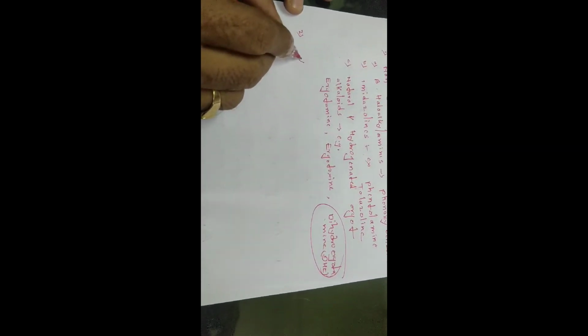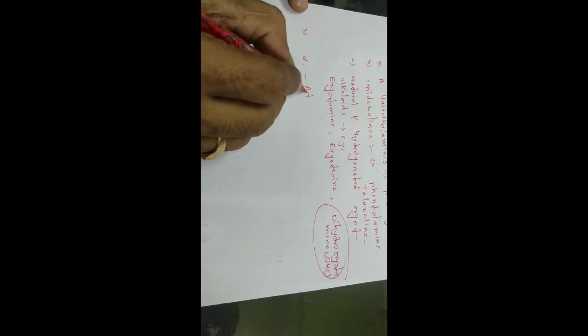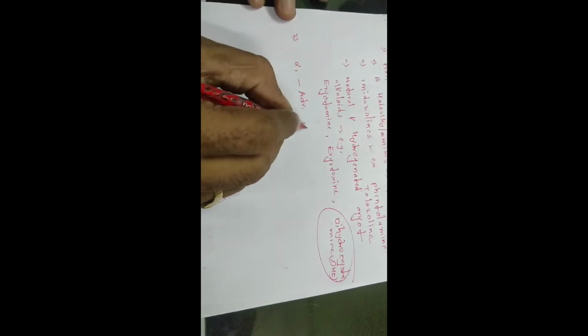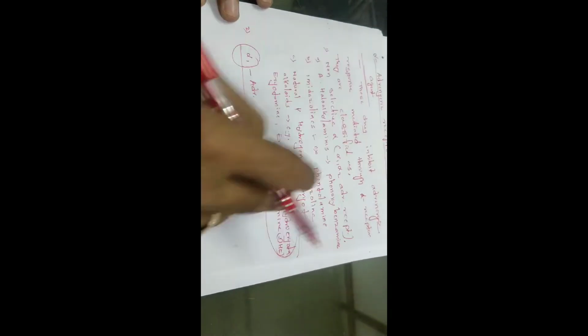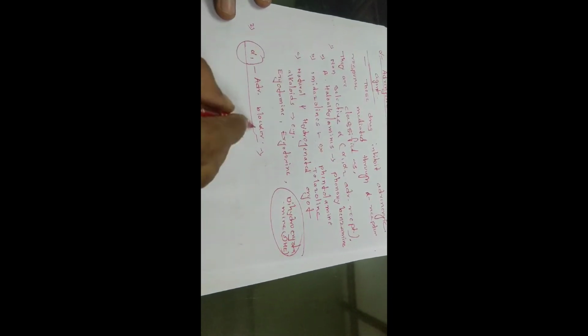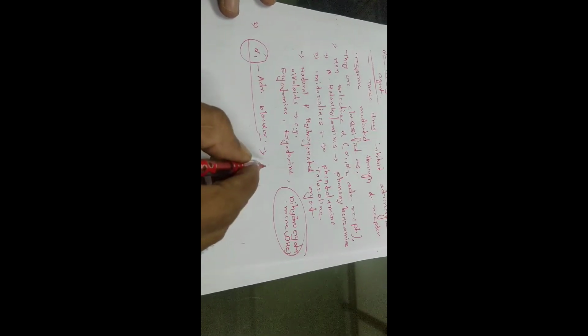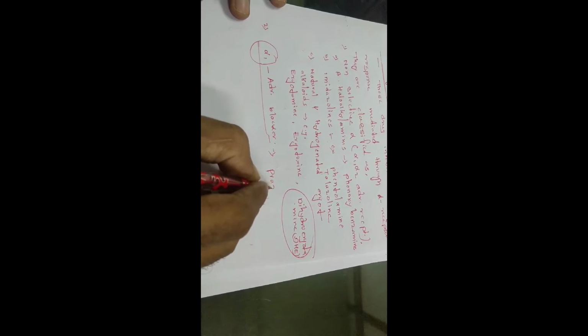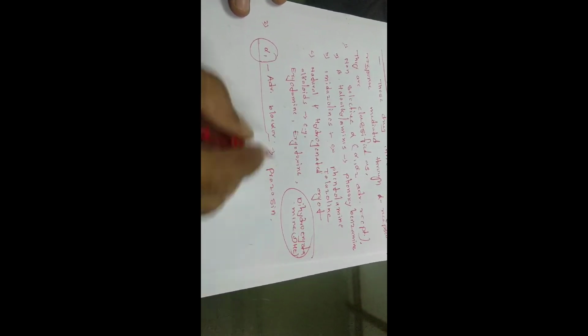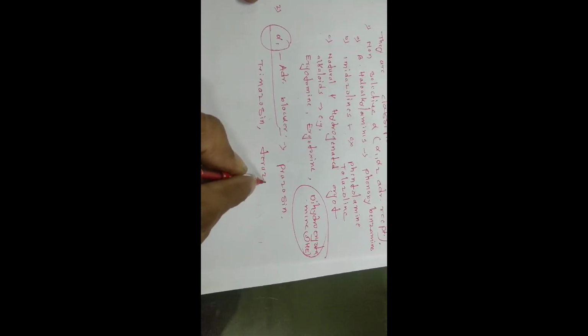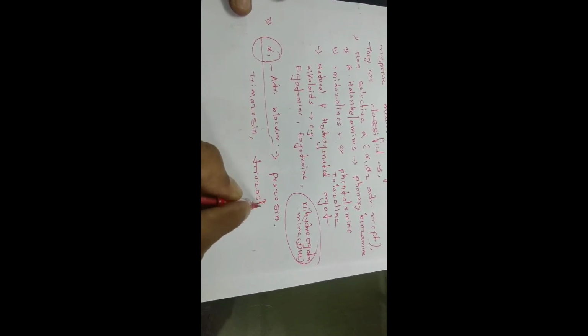Now second class, alpha 1 adrenergic blockers. This drug blocks only alpha 1. Previously, alpha and both receptors could be blocked. Now alpha 1 adrenergic specific blockers, example prazosin, terazosin.